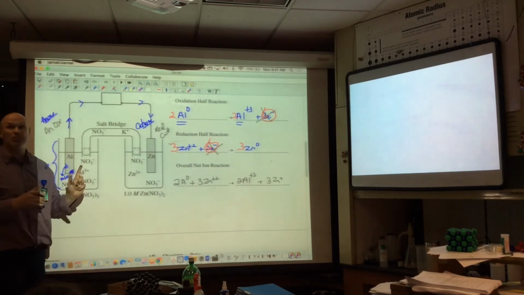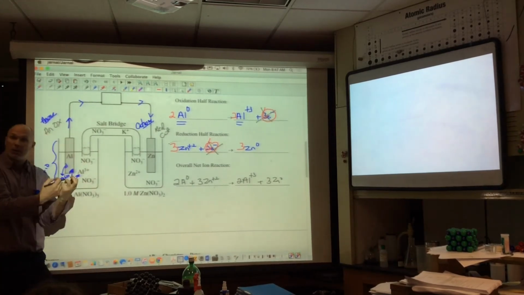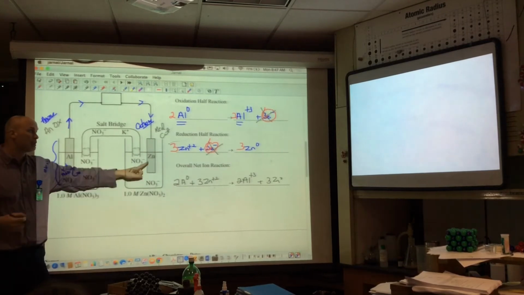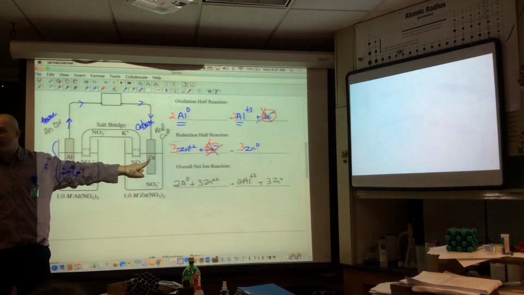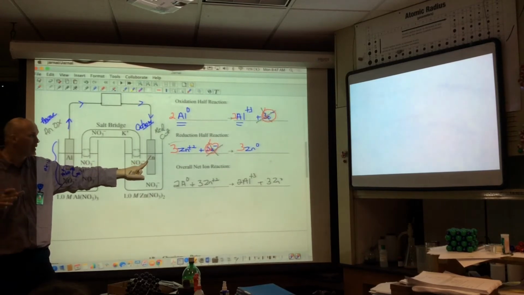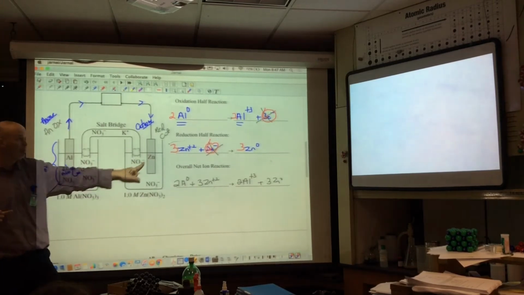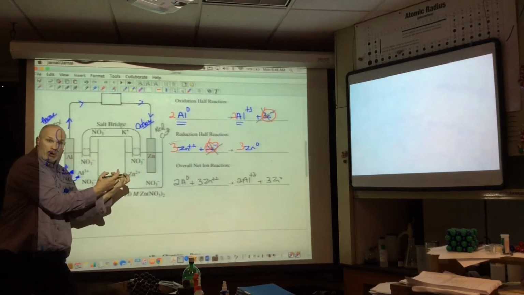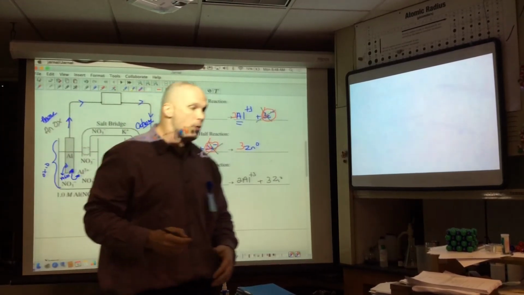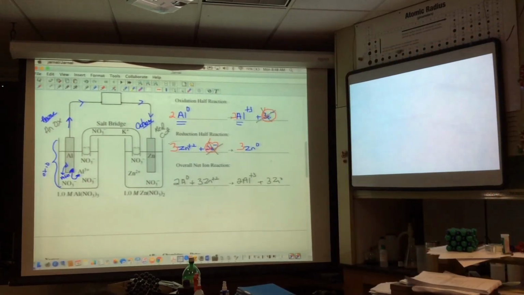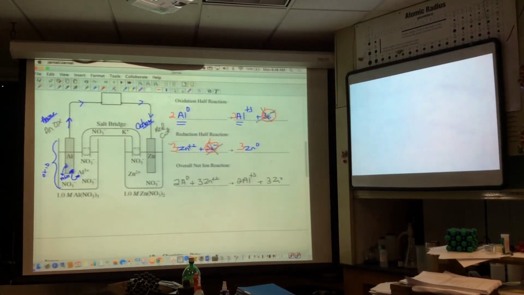Now, who specifically is pulling the charge or accepting them? If you said zinc, zinc is the cathode. It's the place of reduction, but specifically, it's the zinc plus 2 that's going to pull the charge. So be careful with that question. Who specifically gets reduced? The cathode is the place of reduction, but in this case, as in most, it's this ion that moves toward this negative now because electrons are building up.